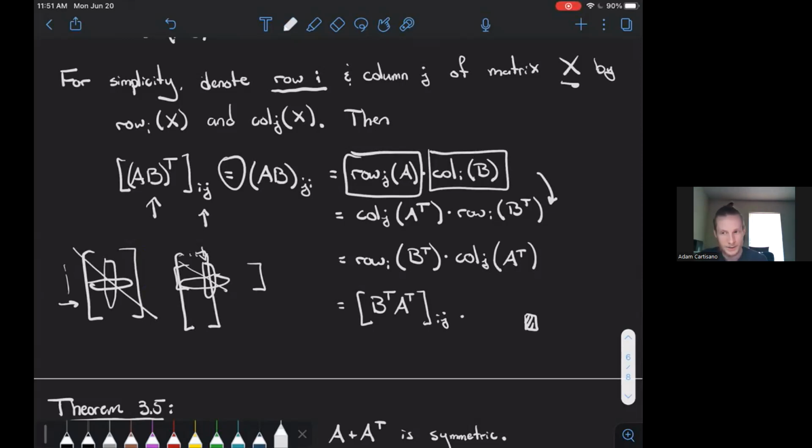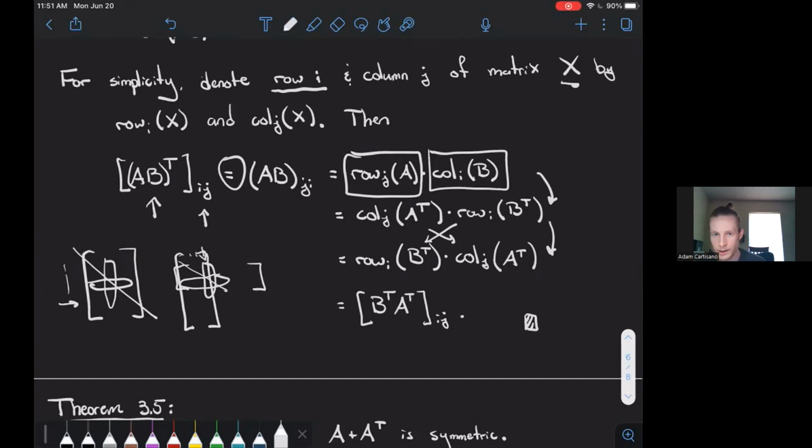Okay. Sorry, I'm just making sure to leave enough space when I'm going through this explanation. We have a nice trick here. Now notice all I did was switch the order of multiplication. Row j of A, column j of A transpose times row i of B transpose is row i of B transpose times column j of A transpose.